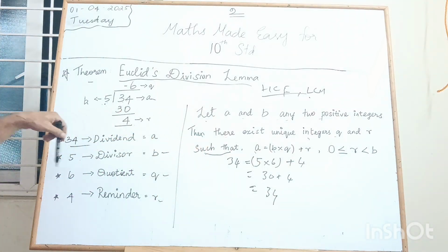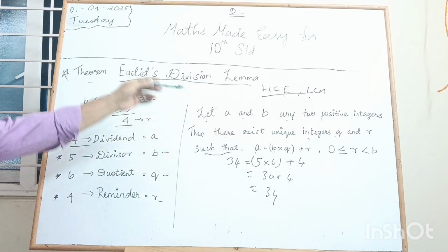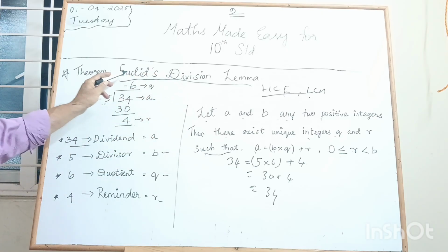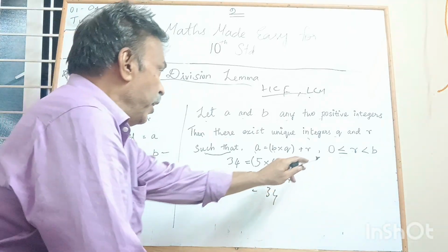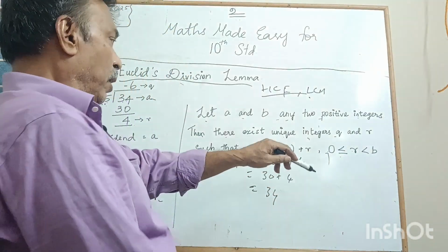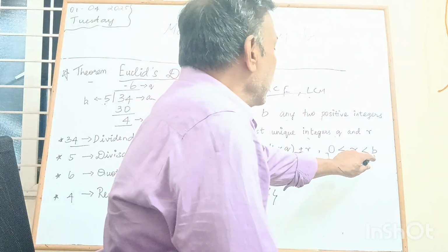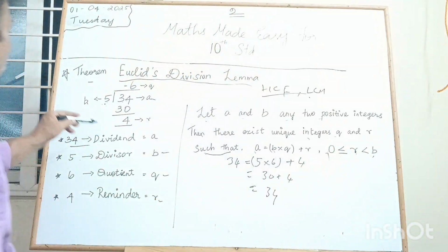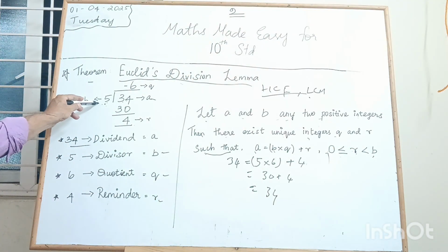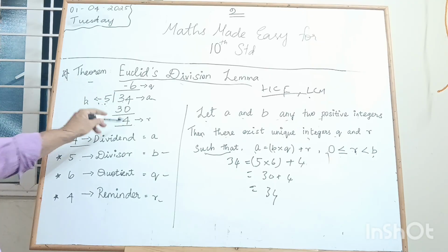So can we correlate this now? This is called Euclid's division lemma, where again there is a condition. Here B should be greater than R. See what it means.